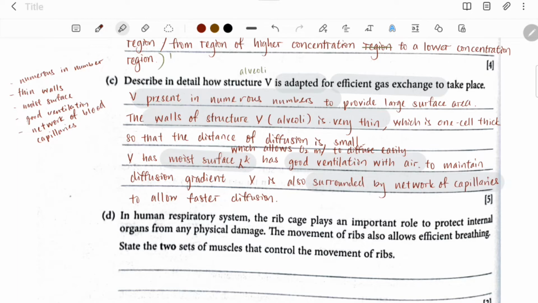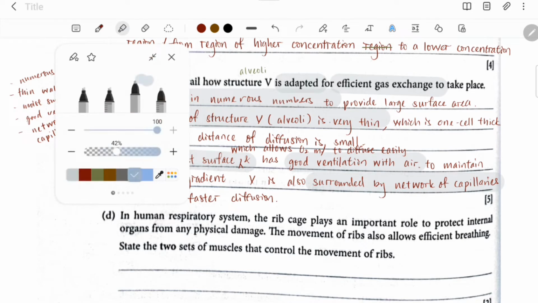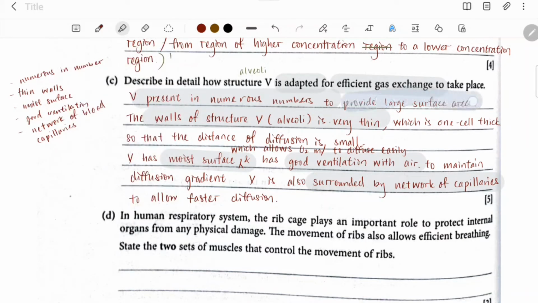Okay, these are the 5 points, but if you're not sure which 5 marks they are actually giving, you write the explanation down also. So for the marks for explanation I use blue. So this one is to provide large surface area, and for thin walls, one cell thick, the distance of diffusion is small.